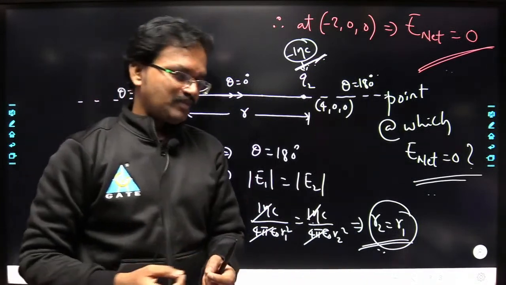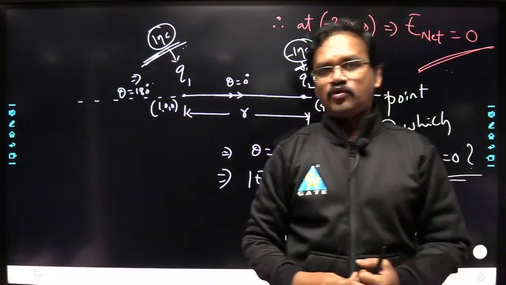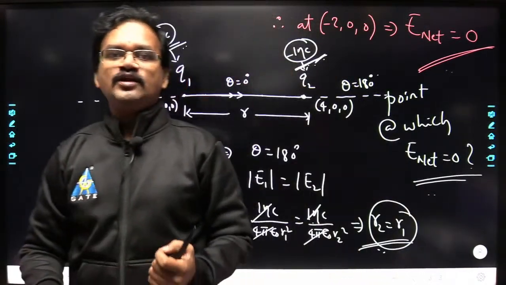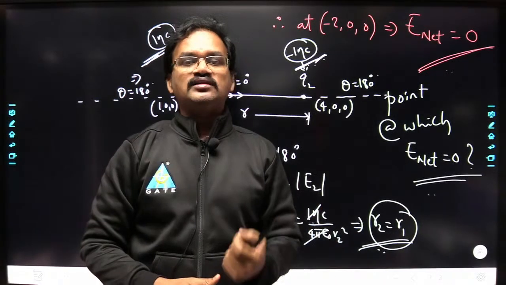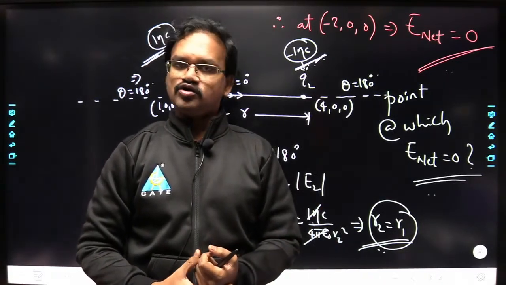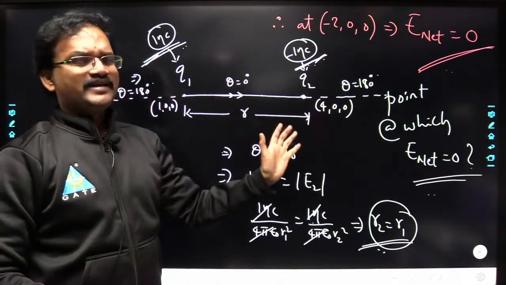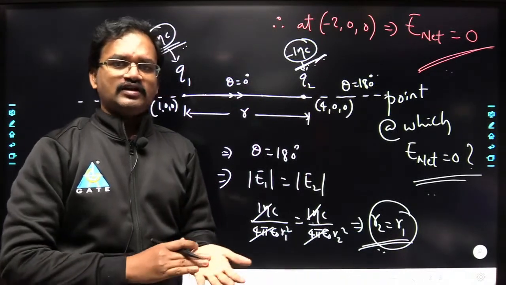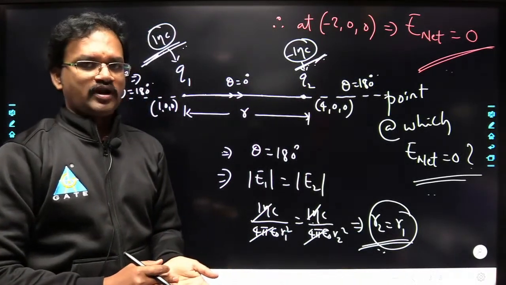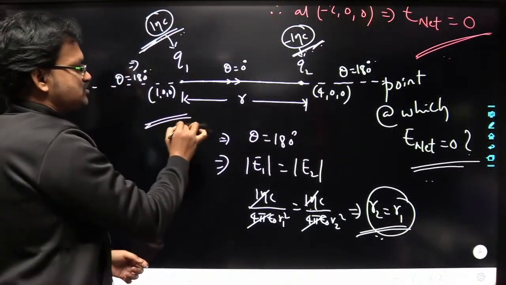So the conclusion I can make is that due to a dipole there exists no point in space where the net electric field will become equal to 0. This is the conclusion for this charge configuration.